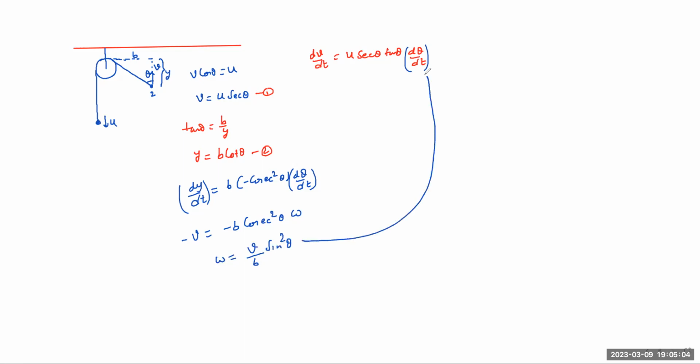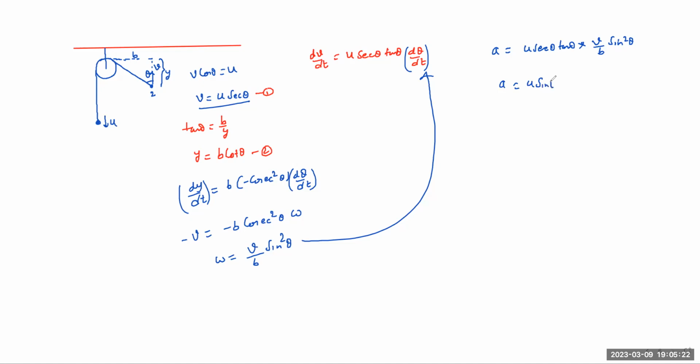So we just substitute here. The acceleration is u sec theta tan theta into v by d sin square theta. But v itself is how much?